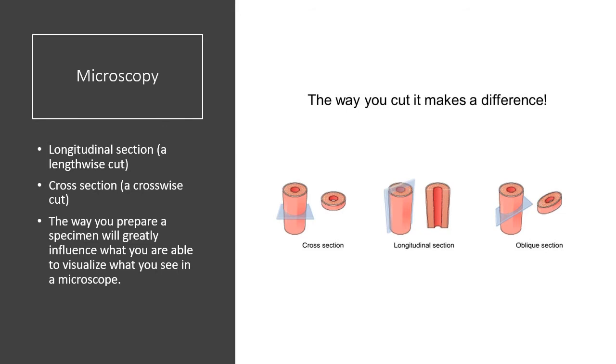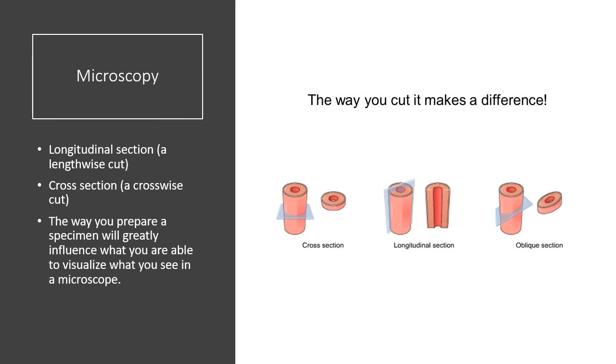So in microscopy, when we're looking at something under a microscope, the way that you're cutting a sample is going to make a huge difference to what you see. Here I have 3 different ways that you can cut a sample. We have a cross section. This is basically a blood vessel, it looks like. The view of a cross section is going to be completely different from a longitudinal section.